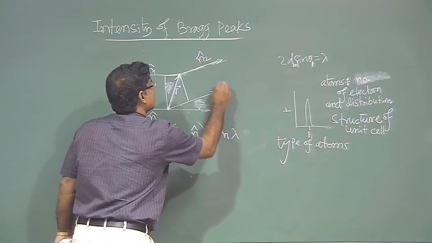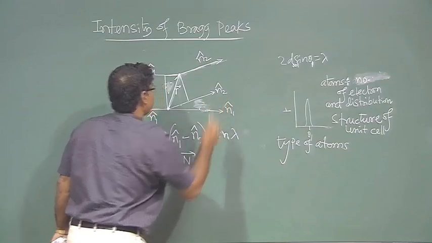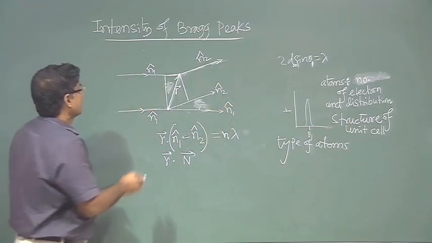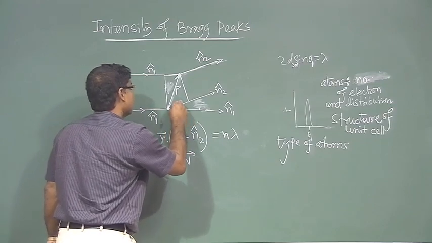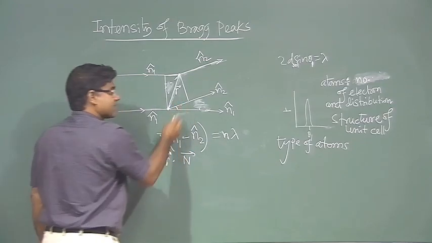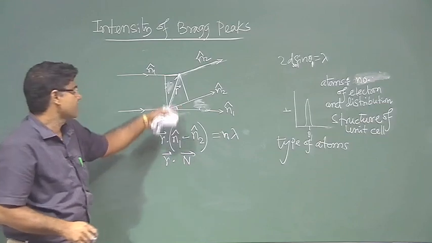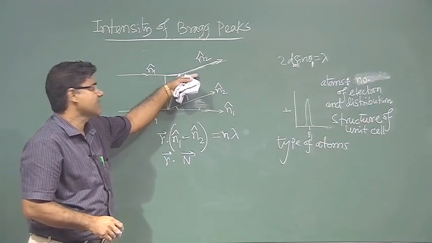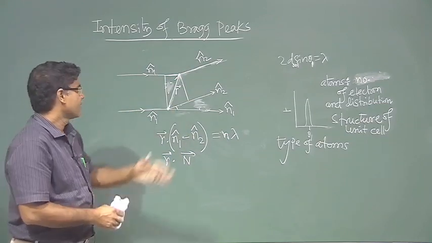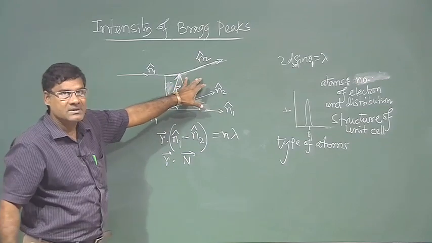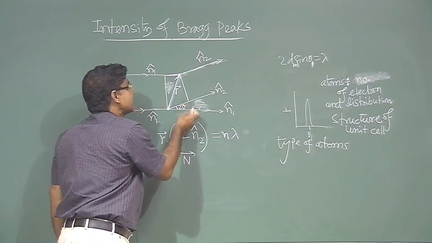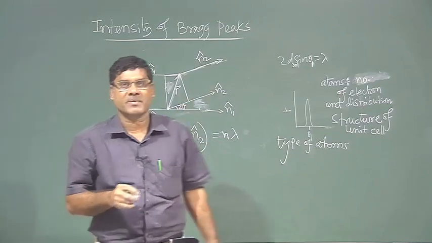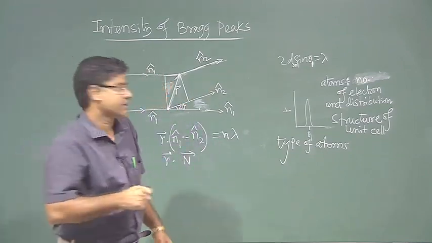When it is scattered, or consider it diffracted, and interferes constructively, the angle between the incident and the diffracted direction is 2 theta, right.